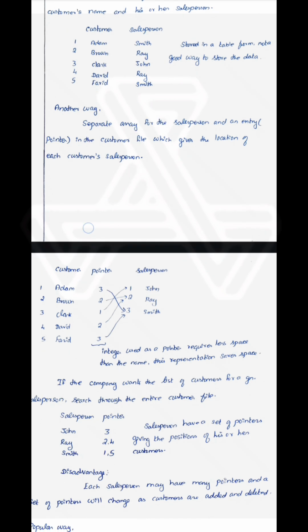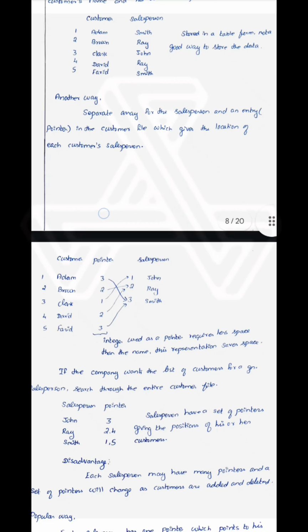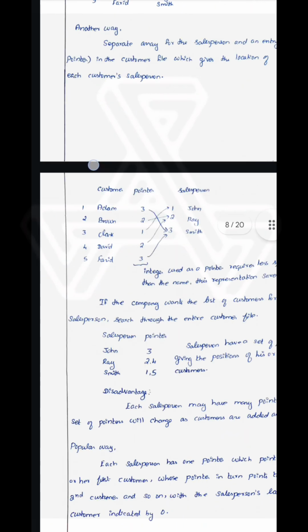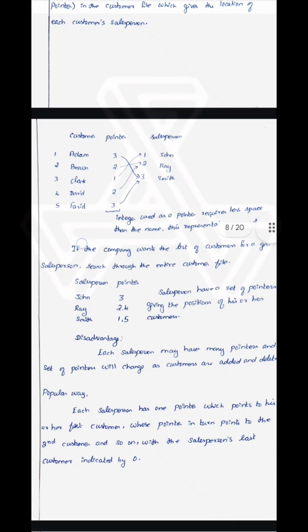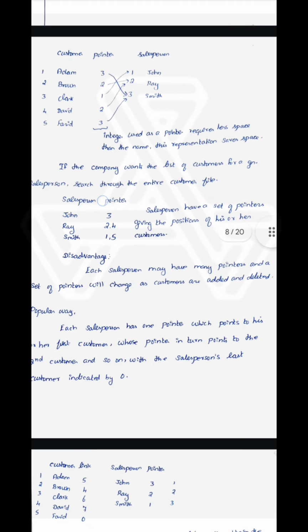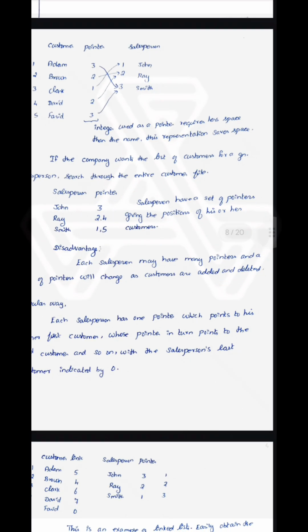Another way is a separate array for the salesperson and an entry pointer in the customer file, which gives the location of each person's salesperson, like this. An integer used as a pointer requires less space than the name.